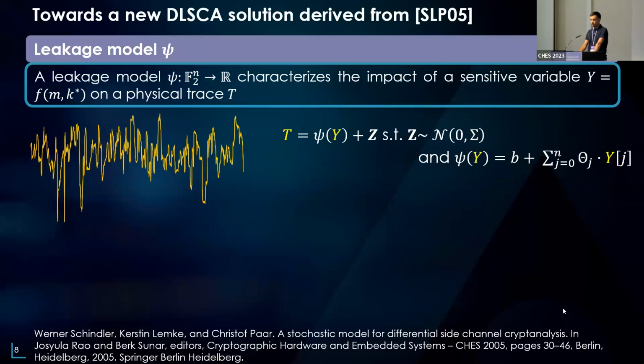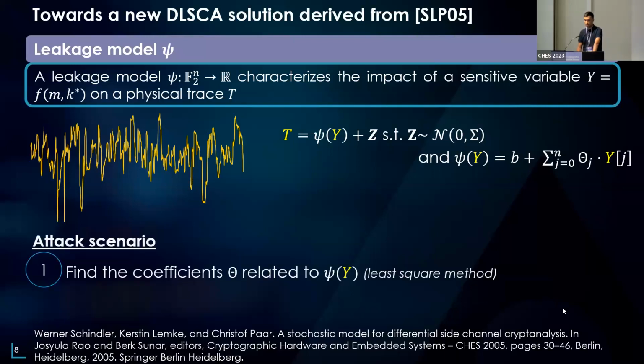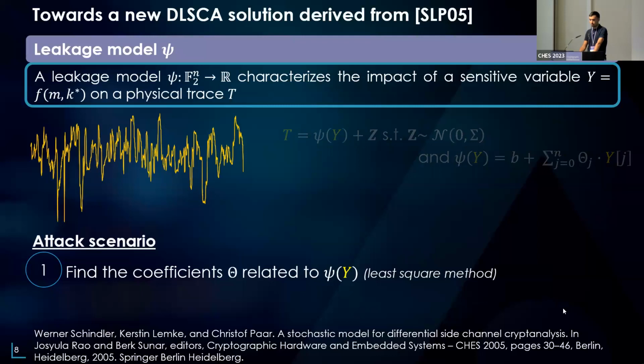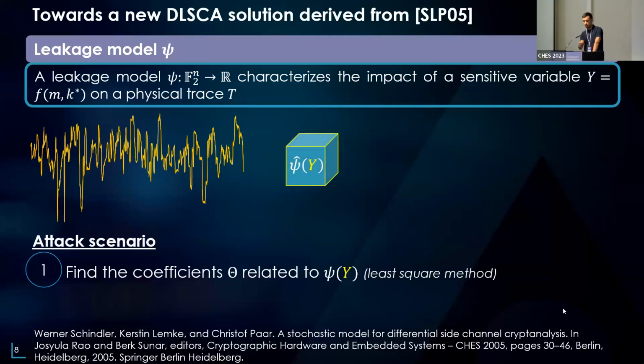To estimate this covariance matrix, 2 phases are required. The first step consists in finding the coefficients related to the linear combination thanks to the least squares method. Once those theta coefficients are correctly retrieved, in the following part of this talk, I will define an estimation of the leakage model as the following box in order to simplify the slides.